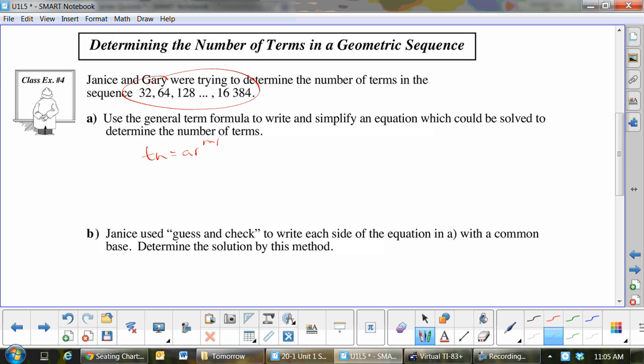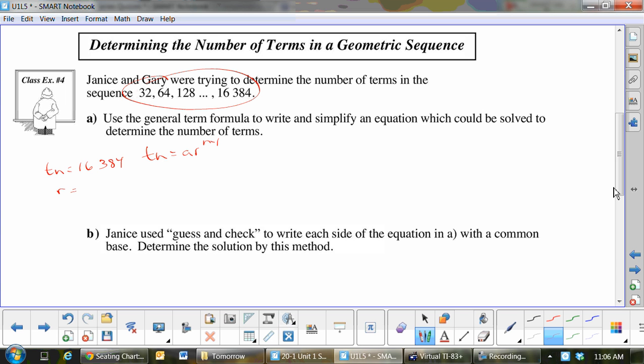Okay, so again, don't go looking for stuff until you know what you're looking for. What do I know? What's Tn? 16,384. Okay? Hands up now. What else do I know in here? Yes, what's R? How'd you get that? Good.